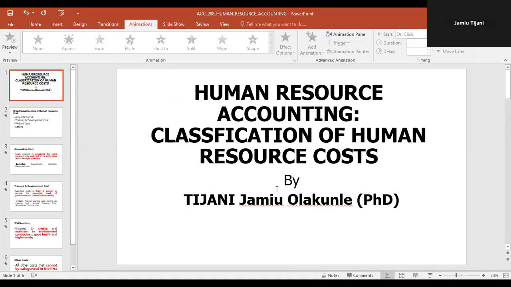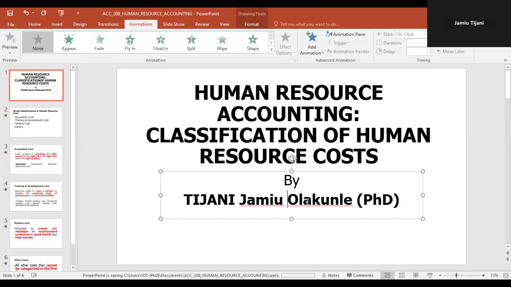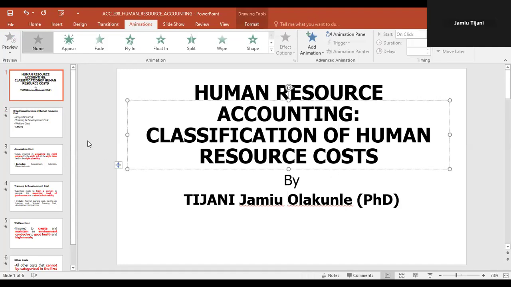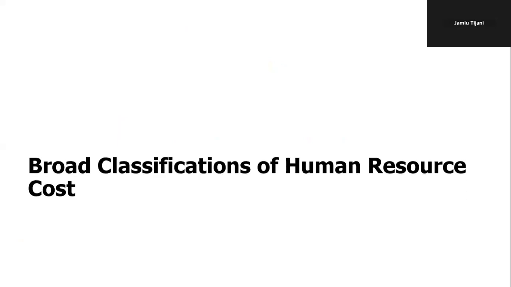So it's my slides, human resource accounting, classification of human resource accounting cost. So human resource costs can be classified in four broad categories. Yes, four broad categories.